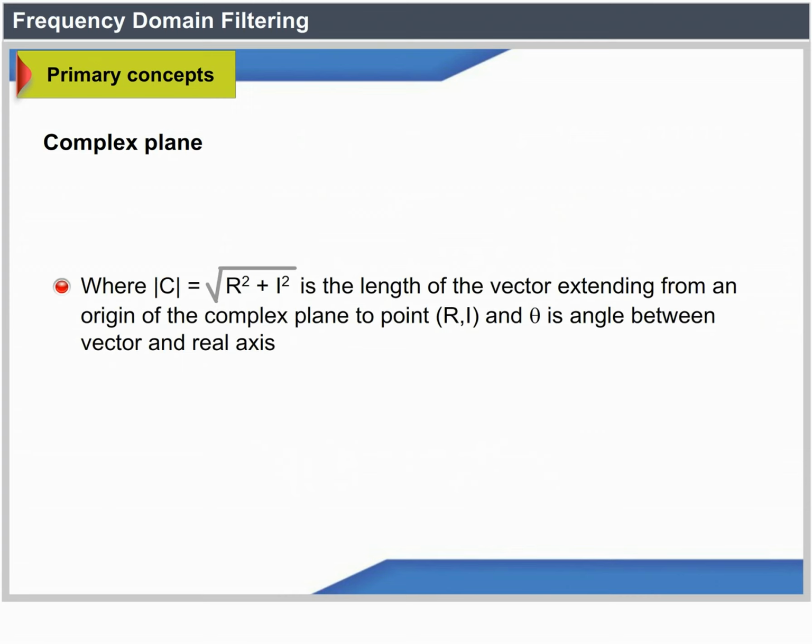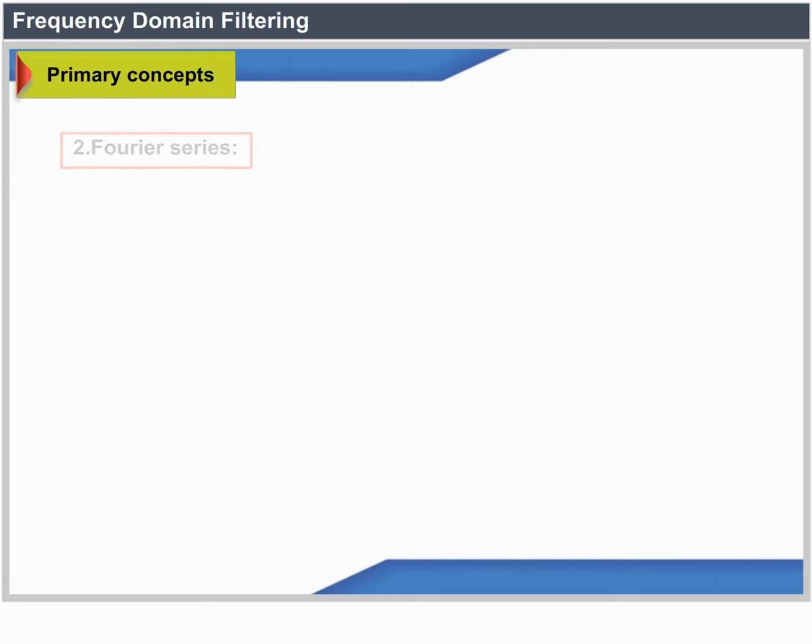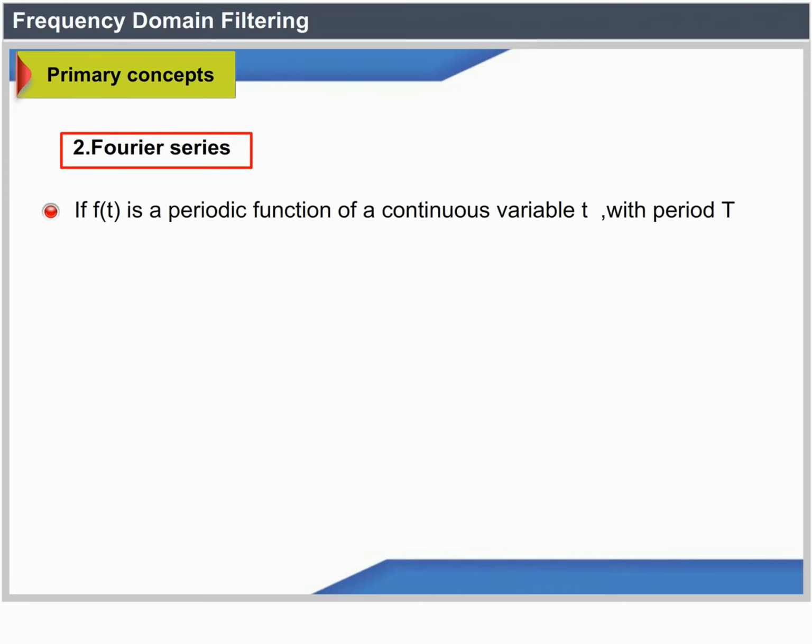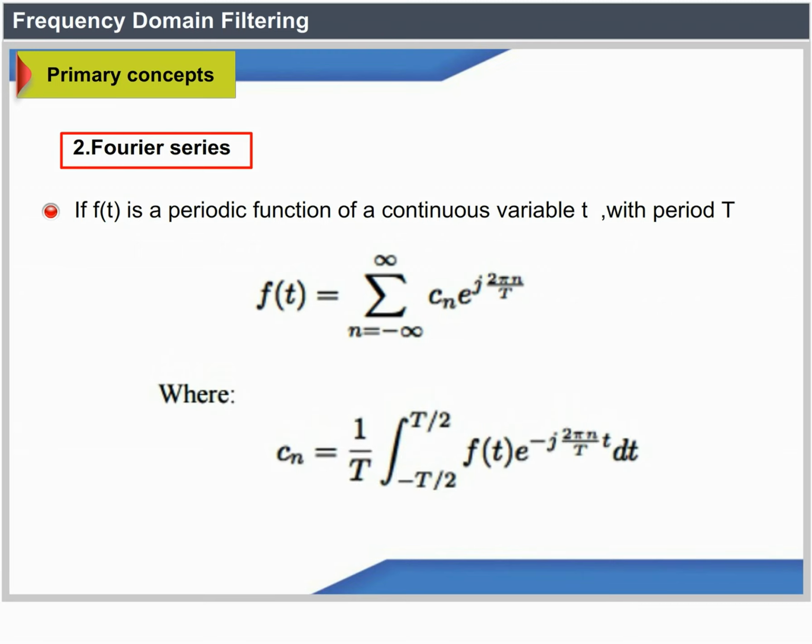Impulse and their shifting property. Unit impulse of a continuous variable t located at t equals 0 will be as per the equation shown on the screen. Unit discrete impulse located at x equals 0 will be as shown on screen.